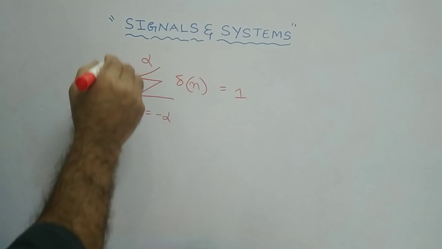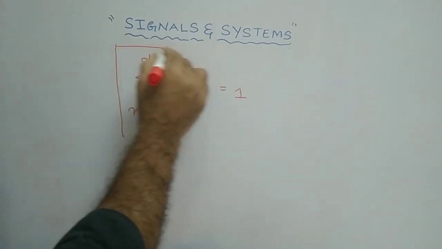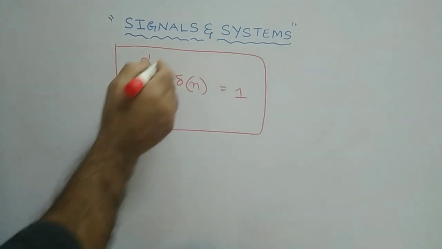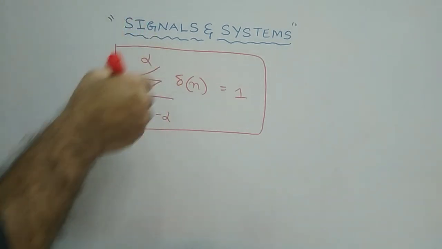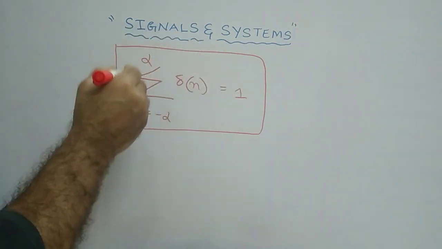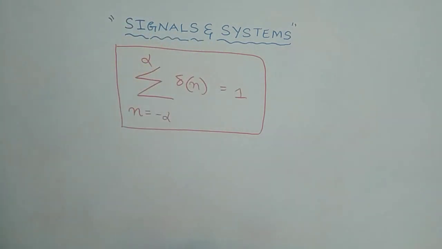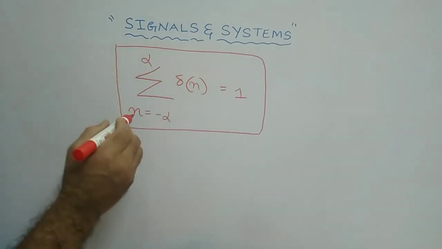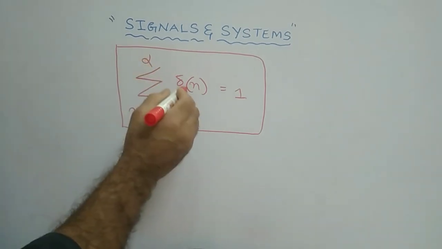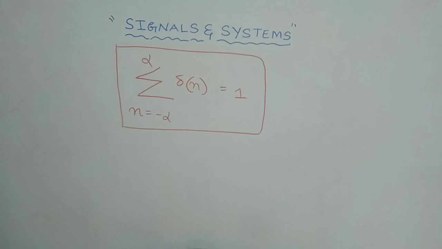This is for discrete time signals. For continuous time, we consider integration, whereas for discrete time signals, instead of the integral you will write the summation, also called sigma. Sigma n equal to minus infinity to plus infinity, delta of n is equal to 1.